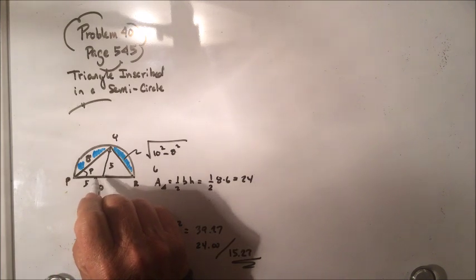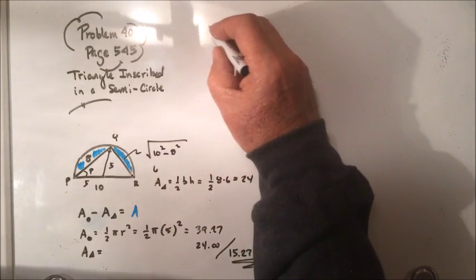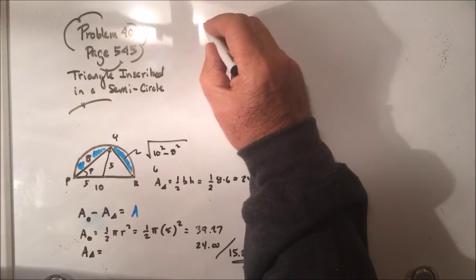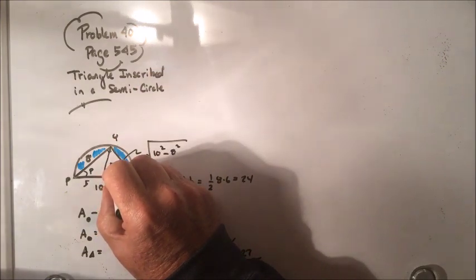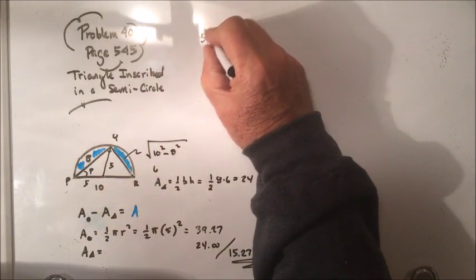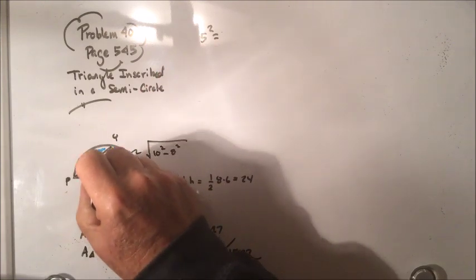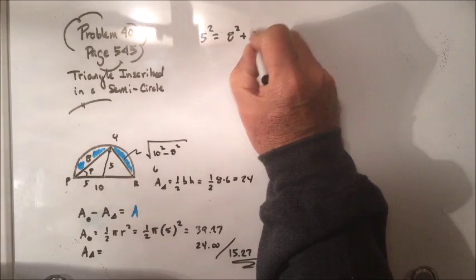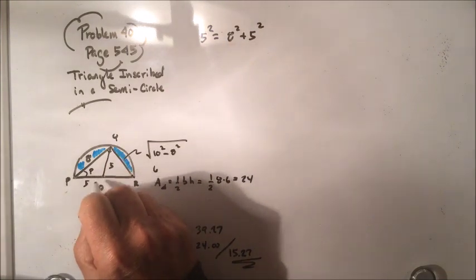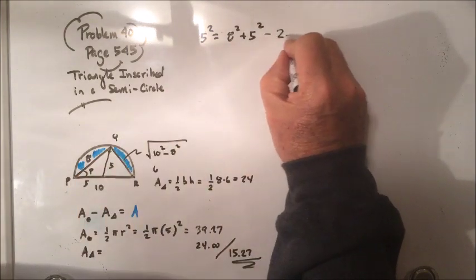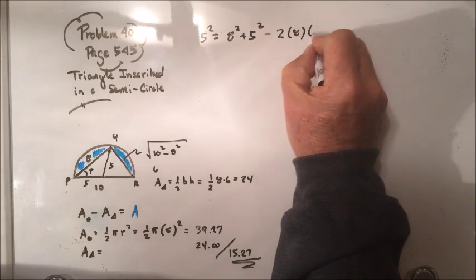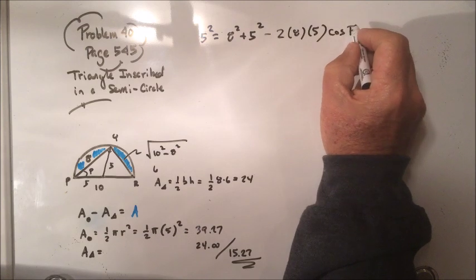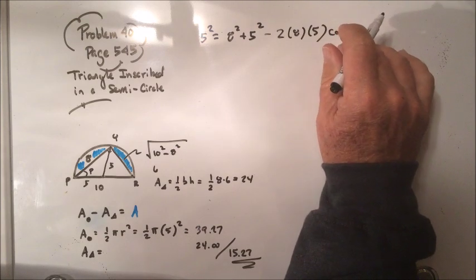First of all, let's find angle P. From the law of cosines, we could write down that this side squared, 5 squared, is equal to the sum of these two sides squared, 8 squared plus 5 squared, minus 2 times their product times the cosine of P. So we can solve for P pretty quickly.